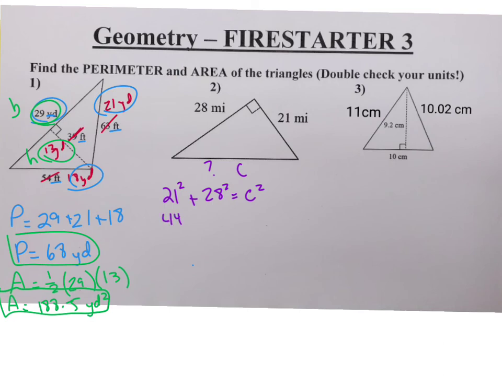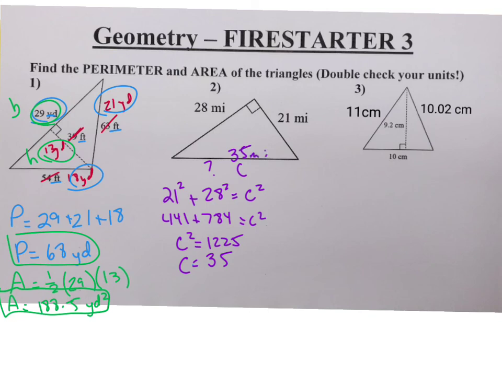So I have 441 plus 784, which is 1225. So my C squared equals 1,225. I square root 1225 and I end up with 35. So C is 35. So we know this is 35 miles.